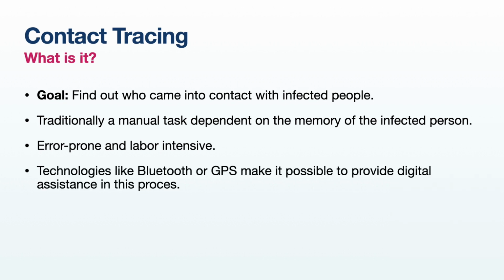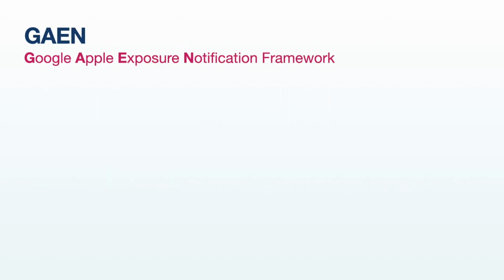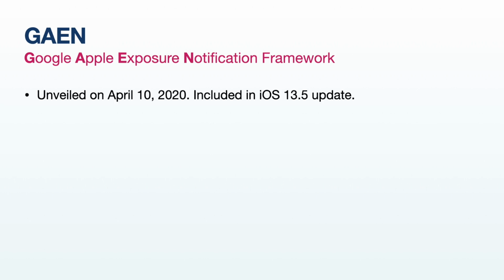But now there are technologies like Bluetooth or GPS which make it possible to assist in this process with digital means. So one of those digital means is what's at the core of the CoronaMelder application, which is GAIN, the Google Apple Exposure Notification Framework. GAIN is a framework that was developed by Google and Apple early on in the pandemic. It was actually unveiled in April of 2020.